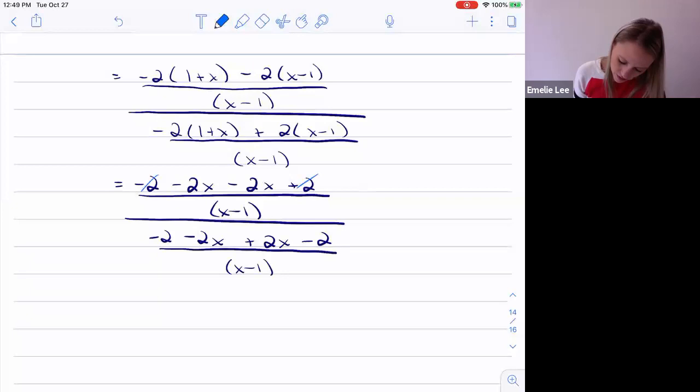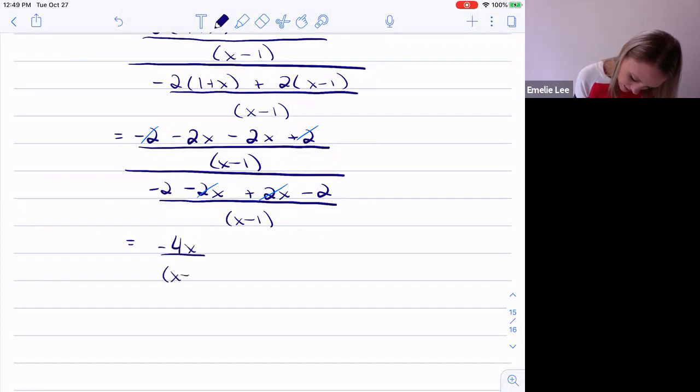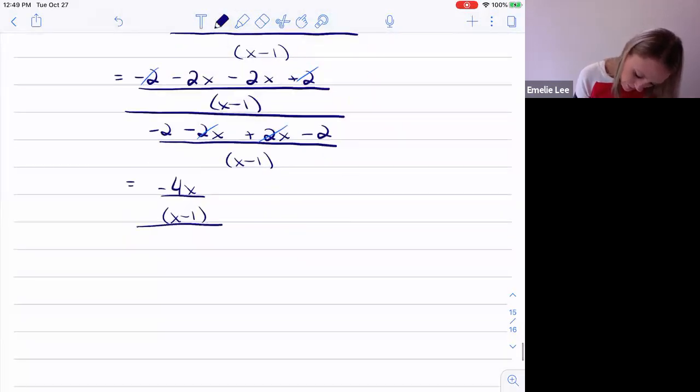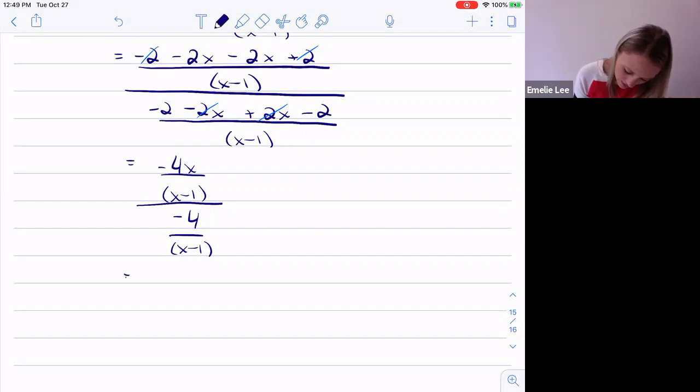Negative 2 plus 2 goes away, and minus 2x plus 2x goes away. So what I have is minus 4x over x minus 1, over minus 4 over x minus 1. All of a sudden, it's very nice and manageable. So this becomes negative 4x over x minus 1.